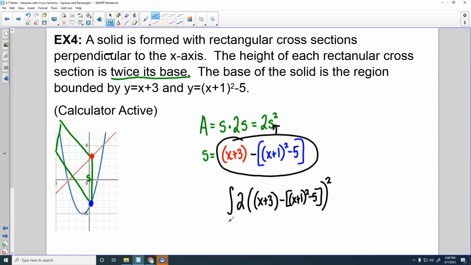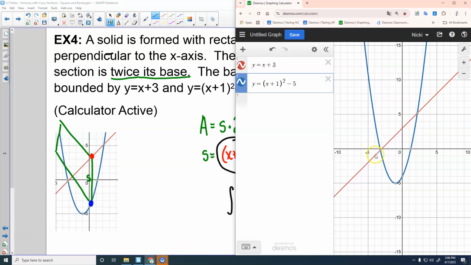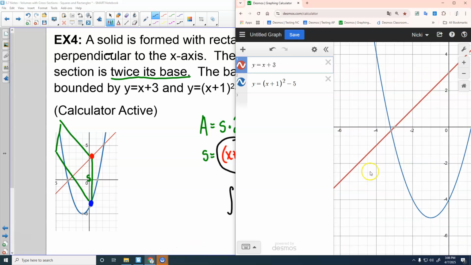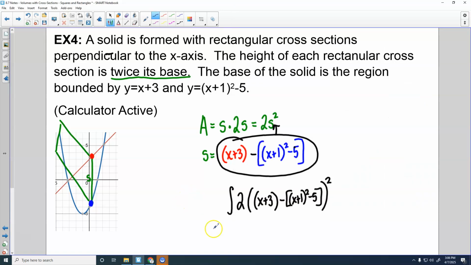What are our limits for our integral? Can we even tell for sure? I can't tell for sure if they're exactly at, oh, they're not. This intersection point right here, we're looking at the x coordinate because it's in terms of x. We got negative 3.19258.